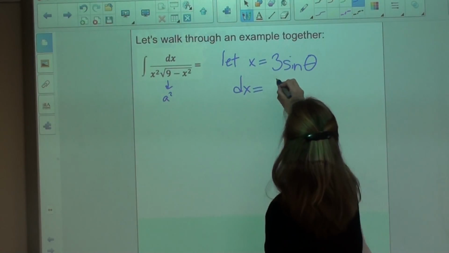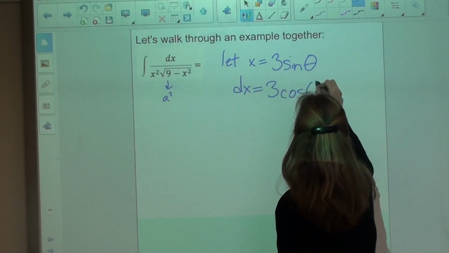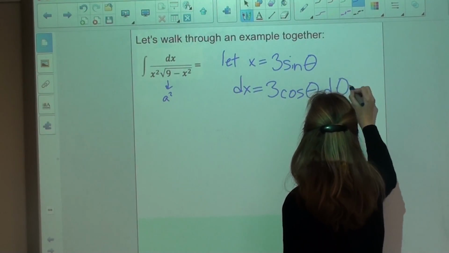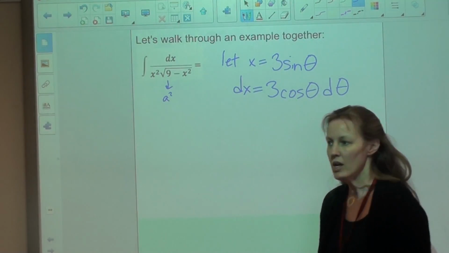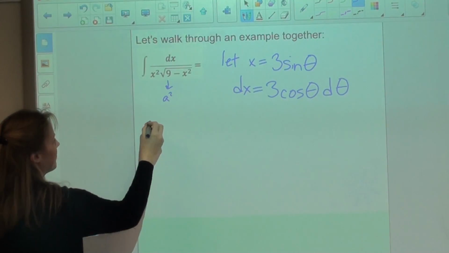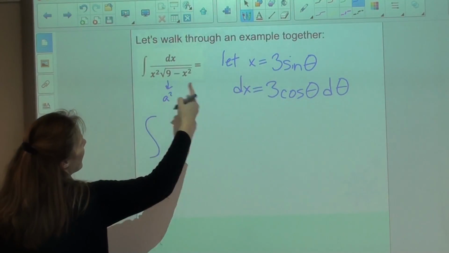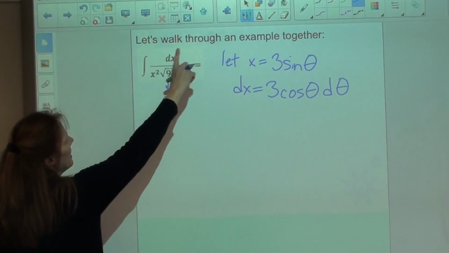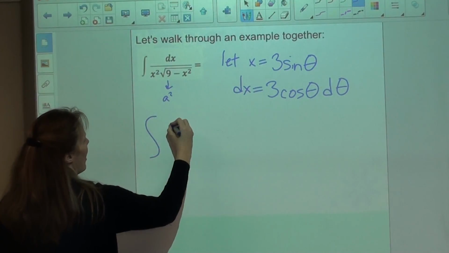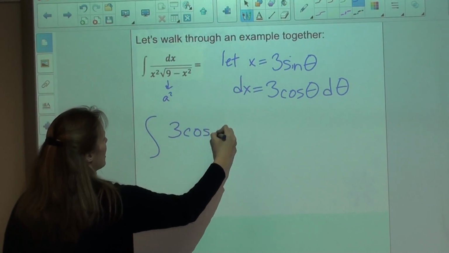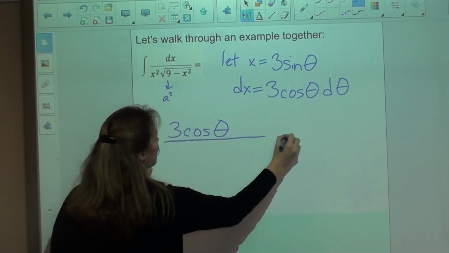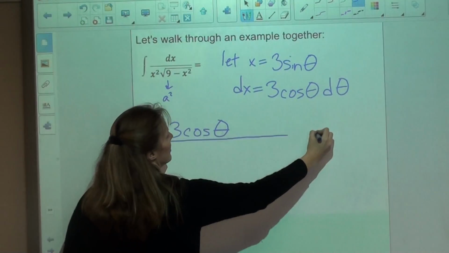Beautiful. Yes, 3 cosine theta d theta. All right, so let's rewrite our integral. dx is 3 cosine theta d theta. I'm going to put the 3 cosine theta on top, and I'm going to put the d theta out to the side.